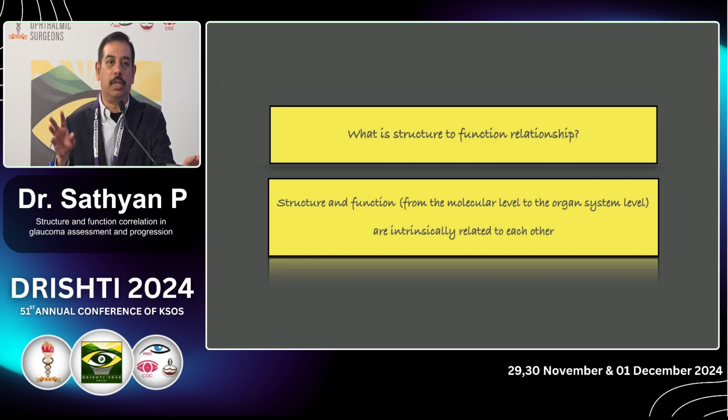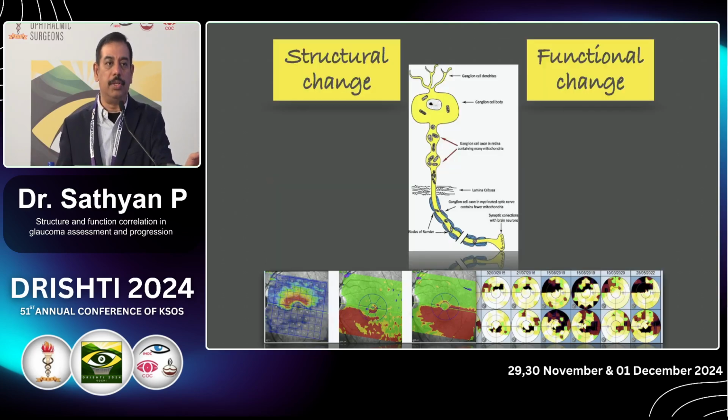But if you really go to the depth of it, it is more like a mother and baby relationship for the structure and function relationship. The relationship is so deep, any change which happens in the structure, many a time we may not be able to assess the function, or we don't know how to read the function. That's the problem we have.